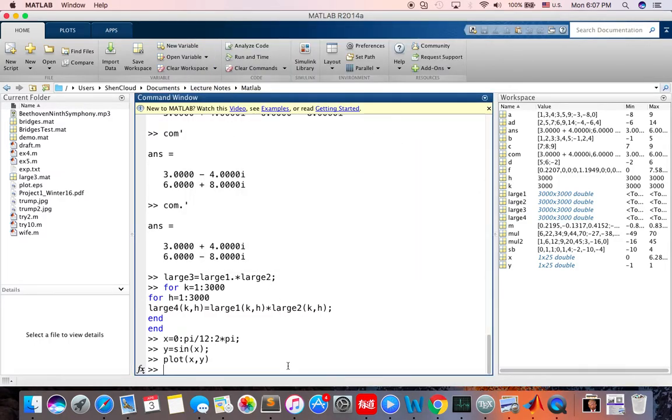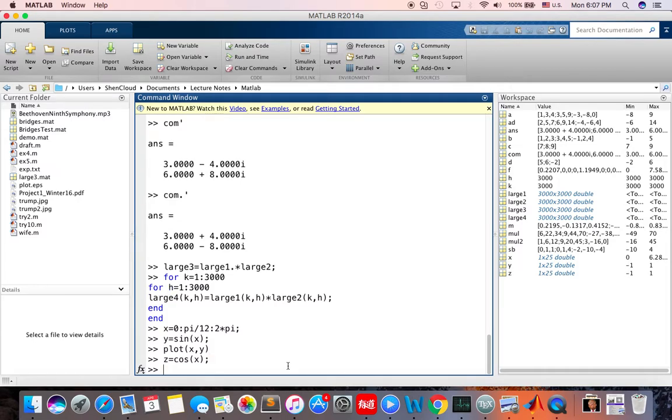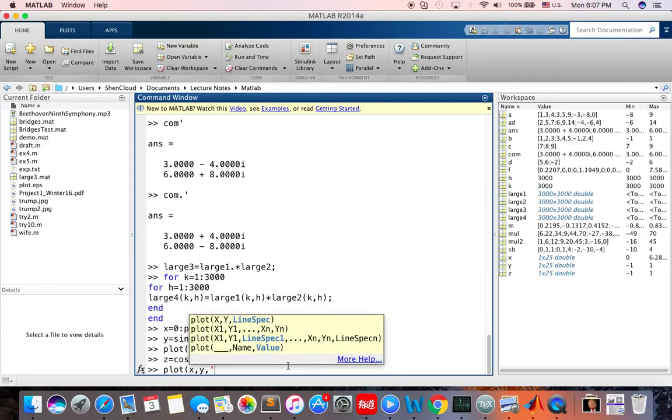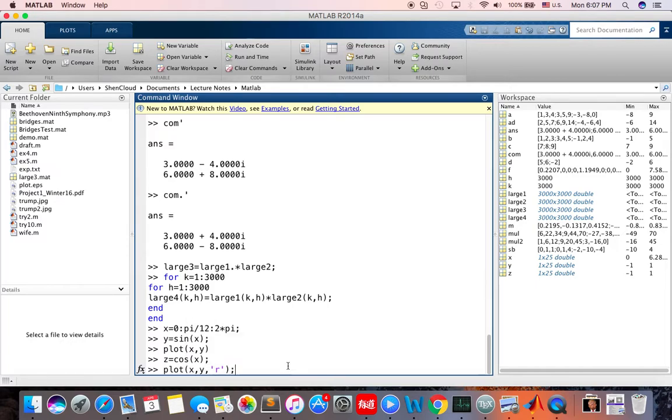Now we can plot two curves in the same graph. So for example, we can use z equals cosine of x and plot the curve for sine x as the red curve. And remember, if you want to plot the two curves in one graph, you need to use hold on and plot x and z for the blue curve.